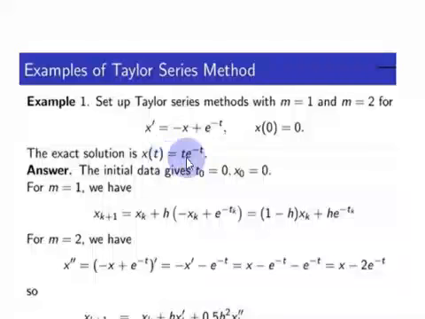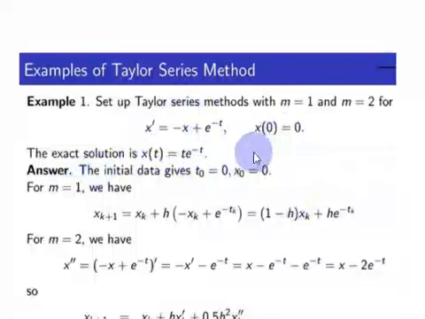You can verify that this exact solution is a solution to this system by substituting it into here. You can verify that both conditions are satisfied. All right, so this is your initial condition at t0.